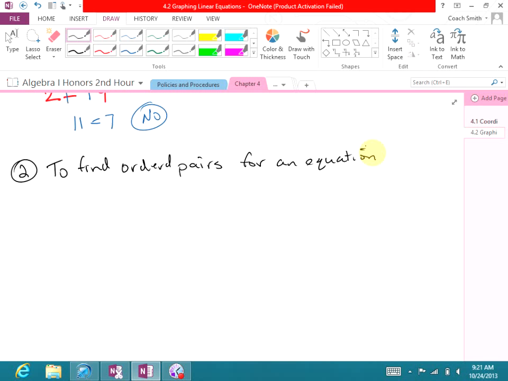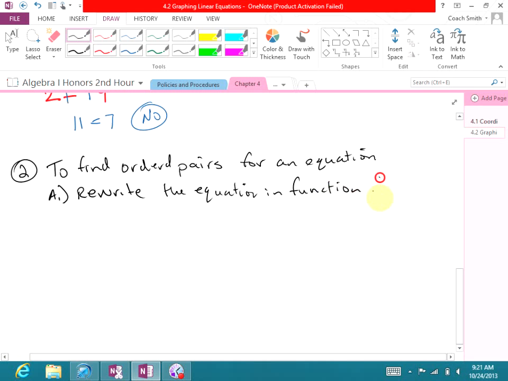Actually, there's 2 steps. We're getting to the third step in a second. There's 2 steps. First of all, you need to rewrite the equation in function form.